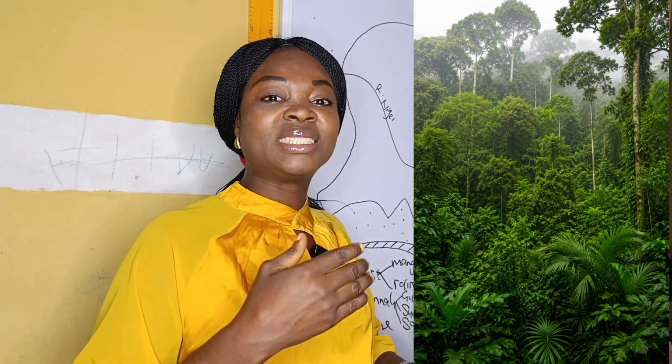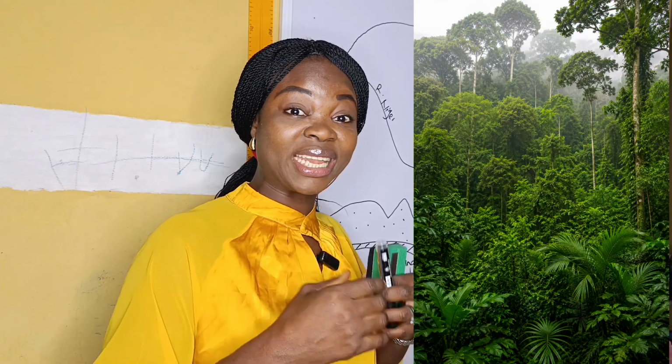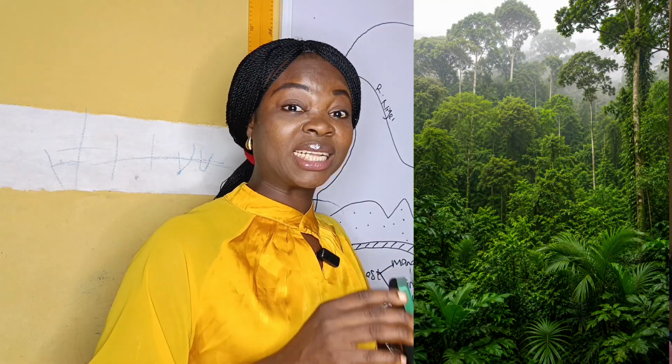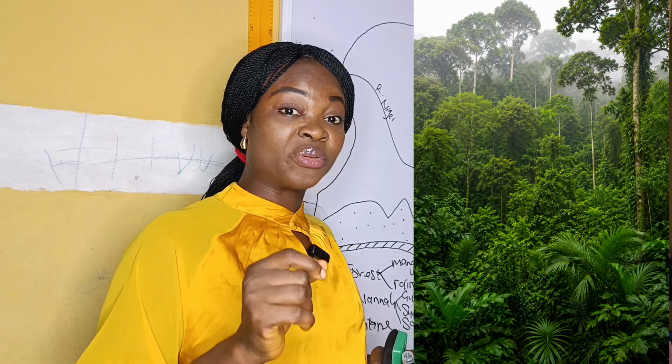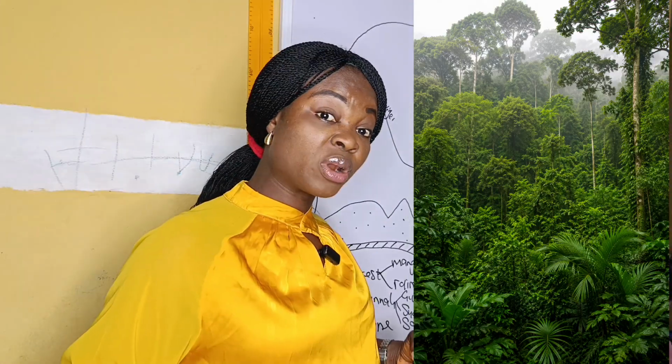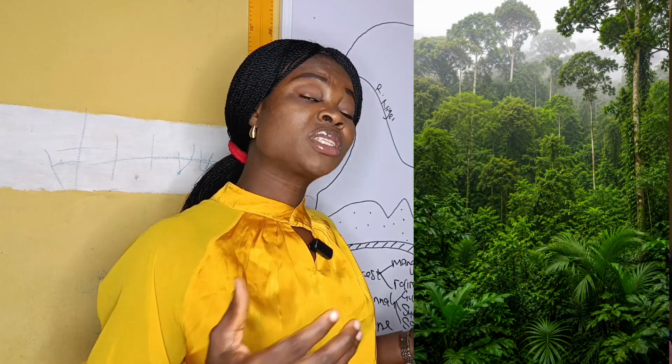It has different species of trees like Iroko, Obeche, Opepe, Mahogany, African walnut. These are different species of trees that are found in tropical rainforests. Tropical rainforest also has buttress roots. What are the importance of tropical rainforest?